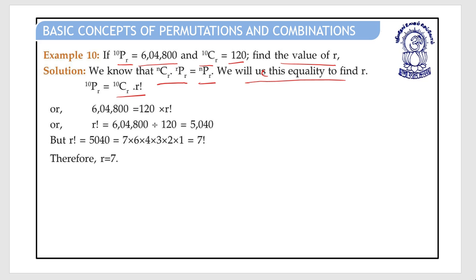So here given 6,04,800 is equal to 120 into R factorial. So R factorial is equal to 6,04,800 divided by 120. So you will get 5,040. So R factorial is equal to 5,040.